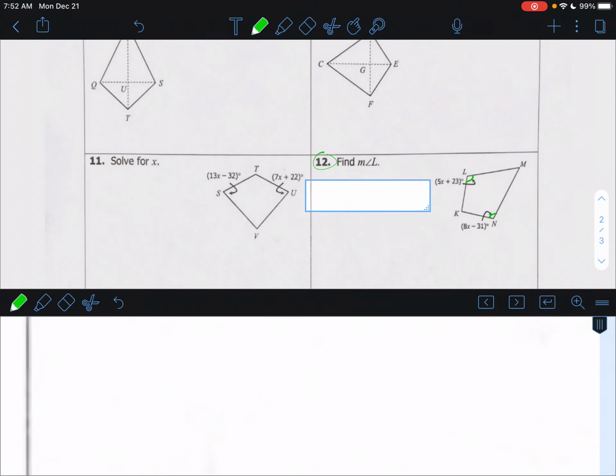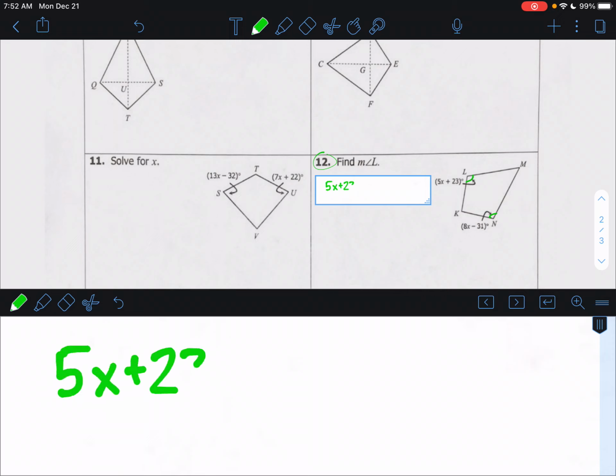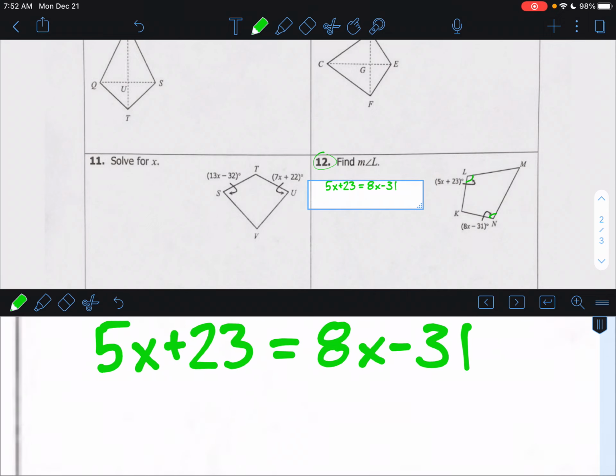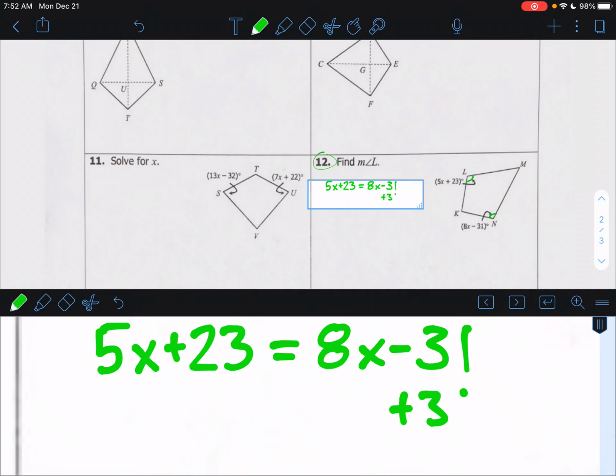Most of the time, you'll just be able to tell visually which ones are the congruent set. So I know since they are congruent, that 5x plus 23, which is L, equals 8x minus 31, which is N. I'll start by adding 31 to both sides.